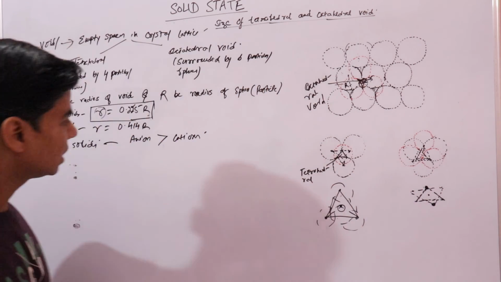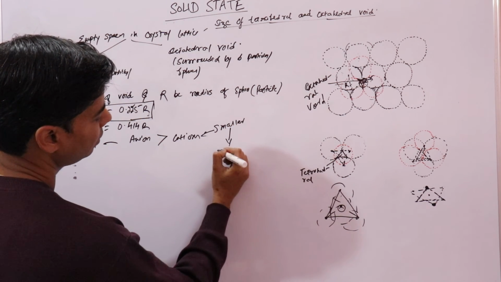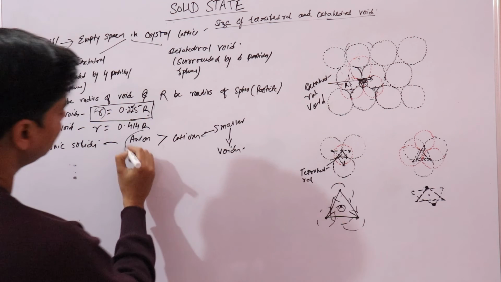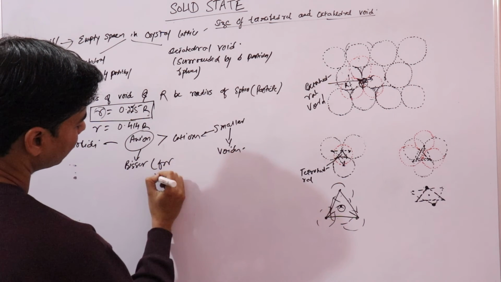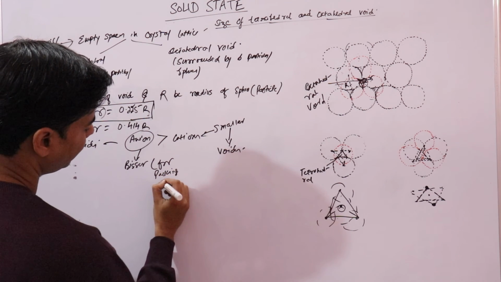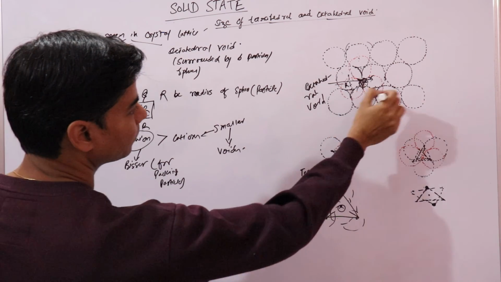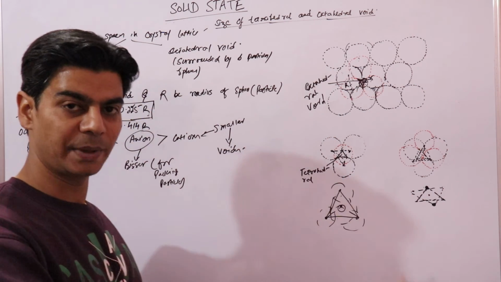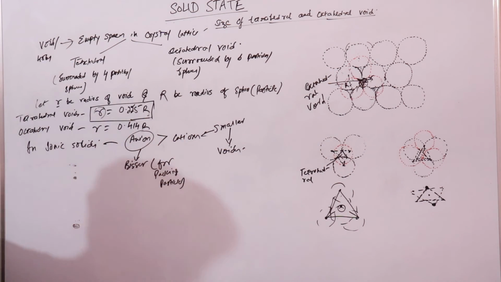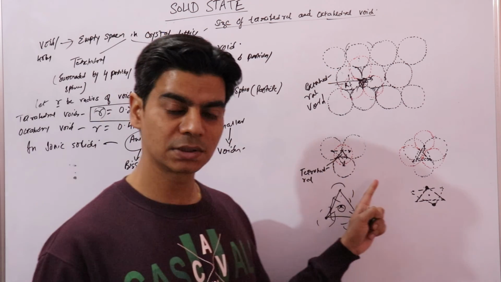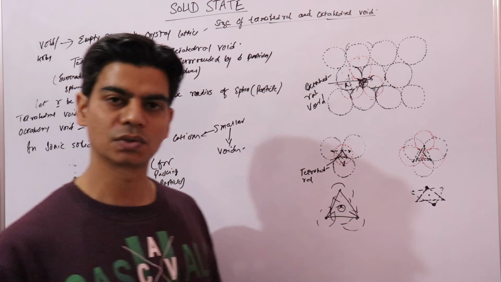Since cations are smaller, they will go in these voids, and anions are bigger, so they will form the packing particles. By packing particles we mean these spheres which occupy space and add to packing efficiency. So cations will occupy voids, and anions will form packing particles in case of ionic solids.